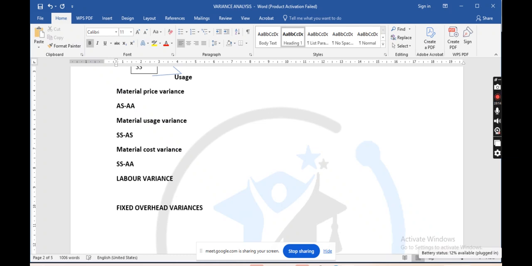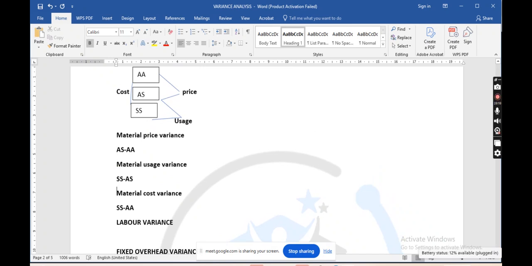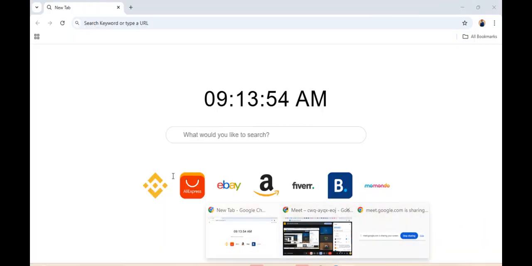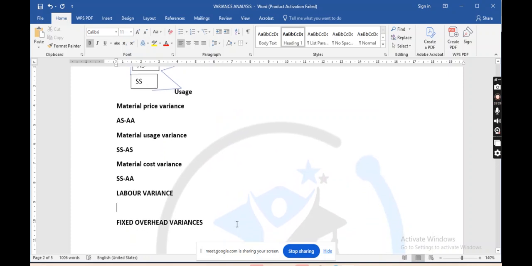Now, in the labor variance class, you pay your labor per hour. Is that not so? Labor variance is divided into two: the rate you pay them and the efficiency.